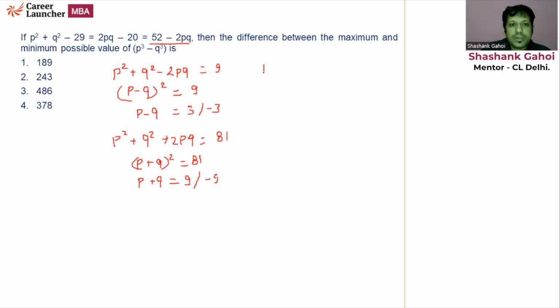So I'm talking about p minus q and p plus q, and the values can be 3, 9, minus 3, minus 9. If I add both the values, I am going to get 2p. If I add this and this, p comes out to be 6.